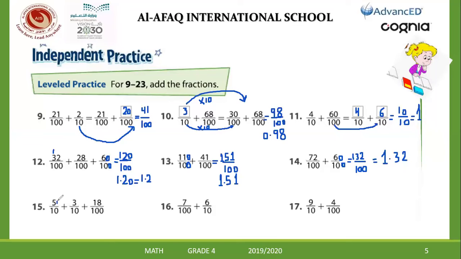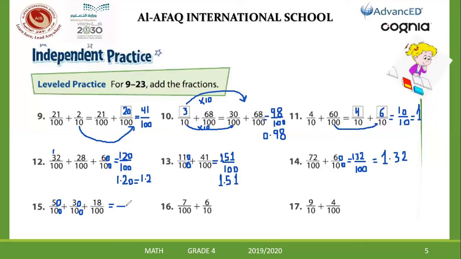So here, by multiplying by 10 up and down, will be 50 over 100. Also, second fraction, by multiplying by 10 up and down, will be 30 over 100. And keep the third fraction the same. Now we have all the fractions that have here the same denominator.